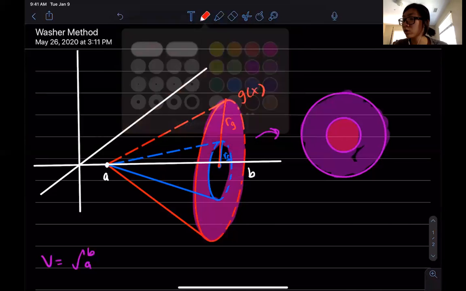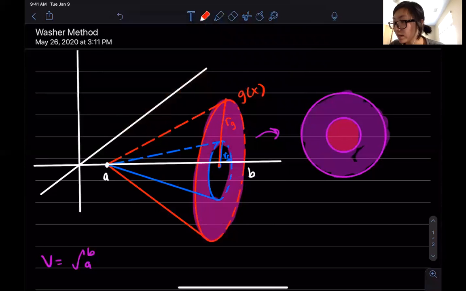For the area of the small circle, that small circle is given by this blue ring right here. That blue ring is given by the function f of x, which I realize I've not written. So this is f of x. The radius, as you can see from my picture, is just the x-axis up until it hits the line given by f of x. So this radius is going to be given by the value of f of x.